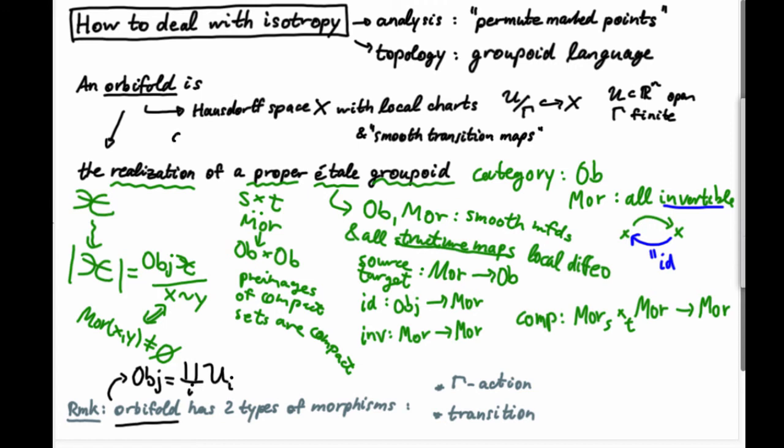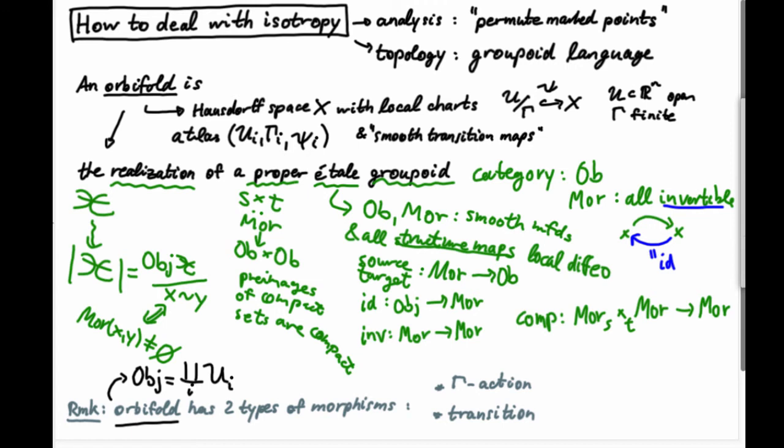Let's say there's an atlas, and I need these local homeos. And then there are two types of morphisms. One comes from the gamma action on each of the U_i, and the other comes from the transition maps.